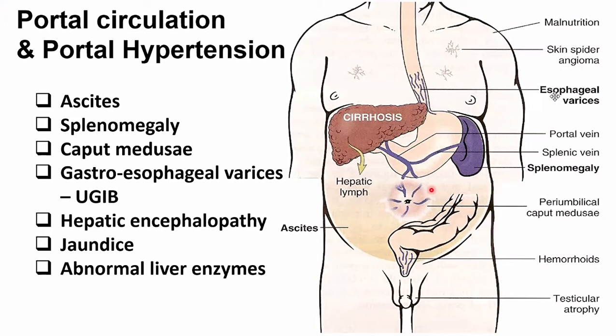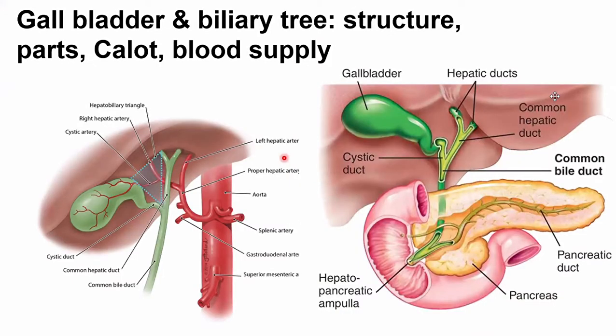The structure parts, triangle of Calot, and you know the parts of the gallbladder. There's the cystic duct. The cystic duct is straight? No, it is S-shaped. It goes down, and the CBD will penetrate the pancreas, and will be joined by the pancreatic duct of Wirsung, the major duct of the pancreas.